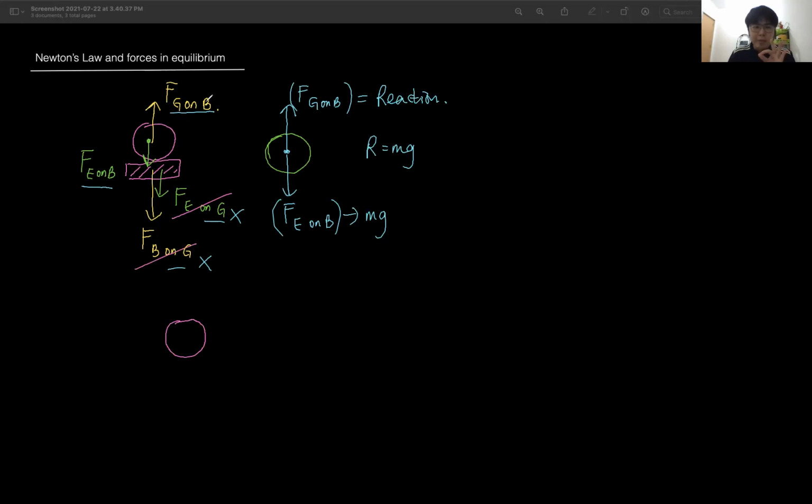The reaction from the ground is also no more. Only one force is left when I remove the ground. That is the force of Earth on the body. That's the mg. So without the ground, the only force acting on it is mg. Here you have a resultant force. So this would be unbalanced and it will fall with an acceleration of, you already know, g, 9.81.